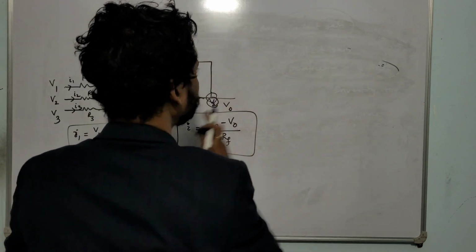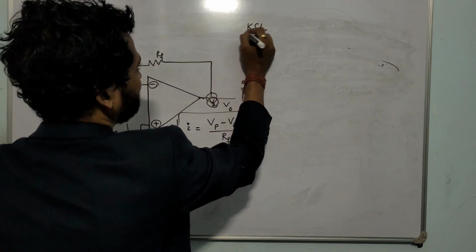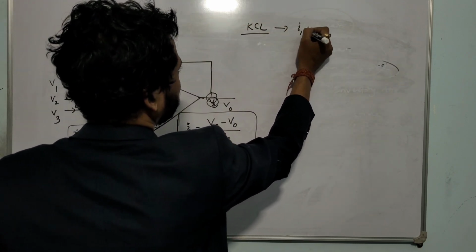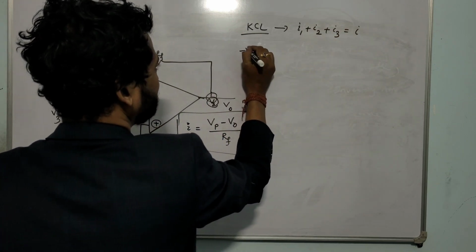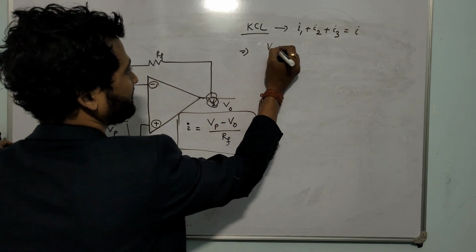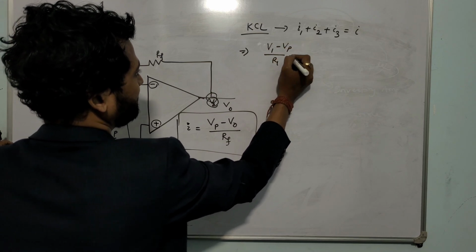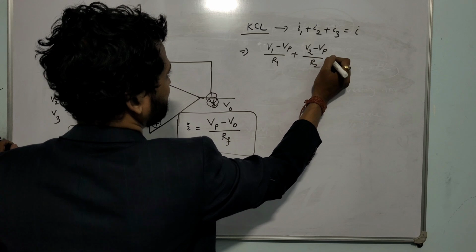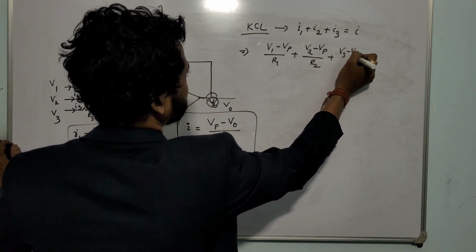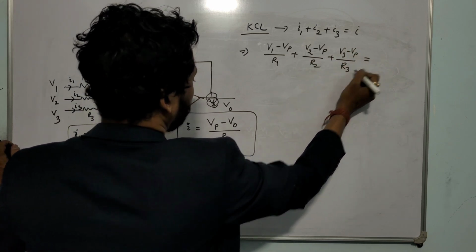मतलब according to KCL, sum of I1 plus I2 plus I3 will be I. ठीक है, so I1 कितना है? V1 minus Vp upon R1. I2 कितना है? V2 minus Vp upon R2. I3 कितना है? V3 minus Vp upon R3. I क्या है?